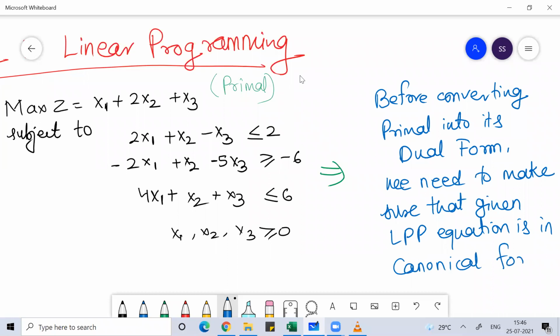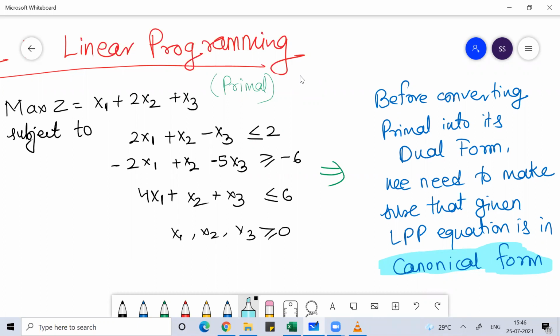Canonical form. So what do you mean by this term, sir? Whenever you are trying to convert the primal into dual, the reason for doing so is to remove the complications of the problem when it has more constraints and fewer decision variables.